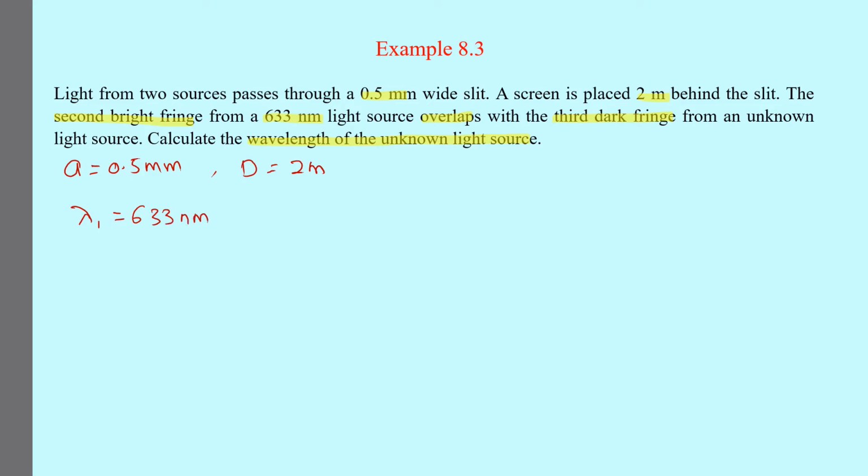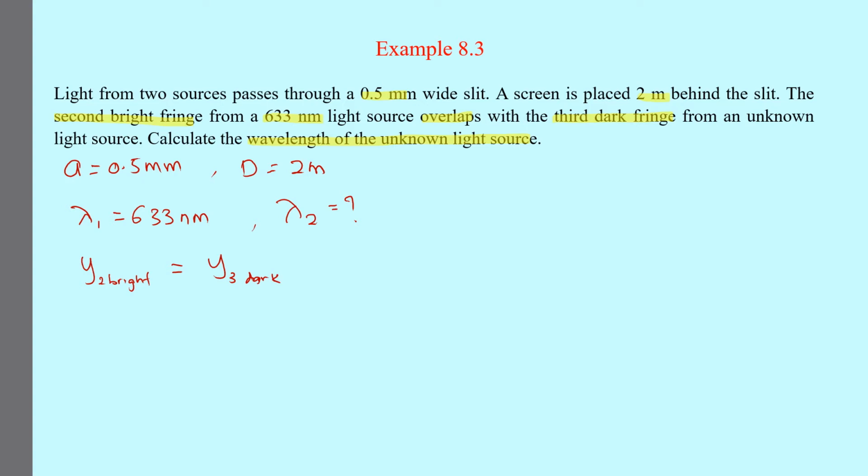The question asks you to calculate the unknown wavelength, which is labeled as lambda 2. Okay, the second bright fringe, Y2 bright, overlaps with the third dark fringe, Y3 dark.